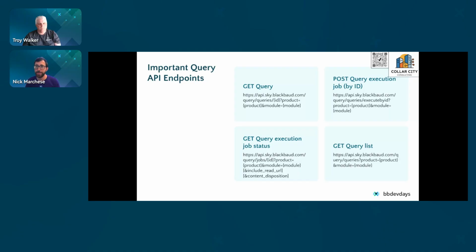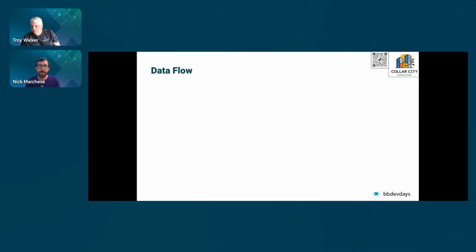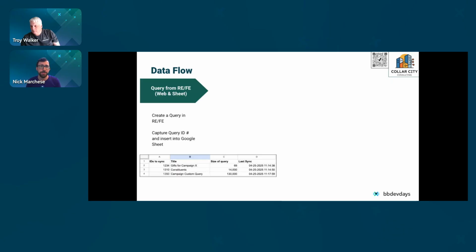So I'm building on the support of others who have shared this with me. But I was like, okay, now how can I build this into the solutions that I've built in the past? So here's the data flow of what I've been able to accomplish so far, and I'd love to share with you today.